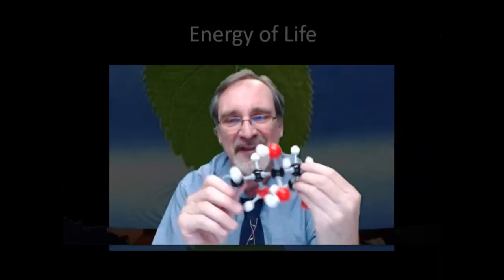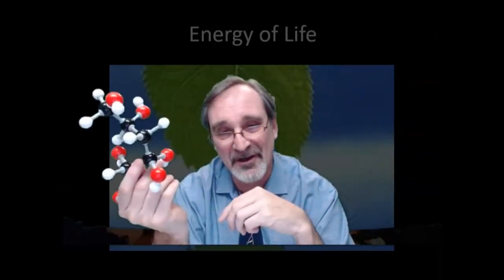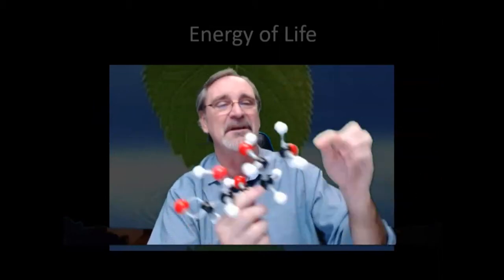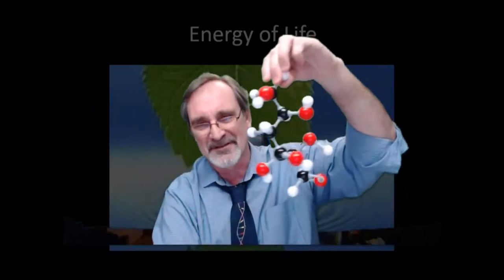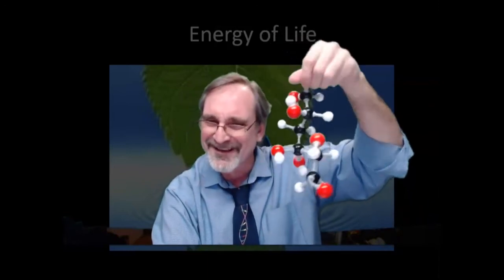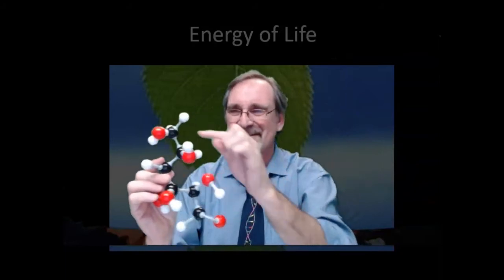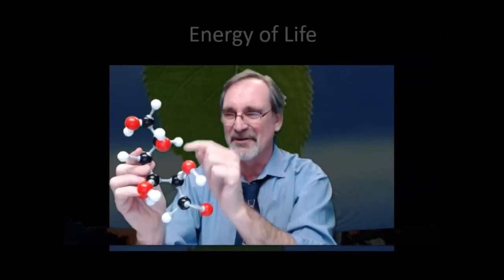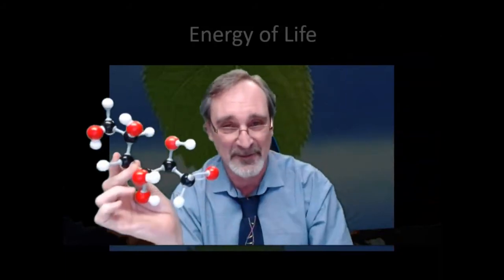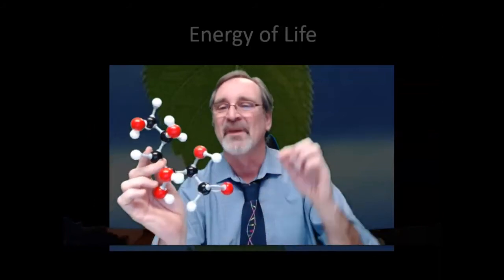So the energy of life has to do with this sugar called glucose. What's it called? Say the name. Glucose. And the formula for glucose, this is the coolest chemical reaction, because glucose is C6: 1, 2, 3, 4, 5, 6 carbons. The little black balls represent carbon.